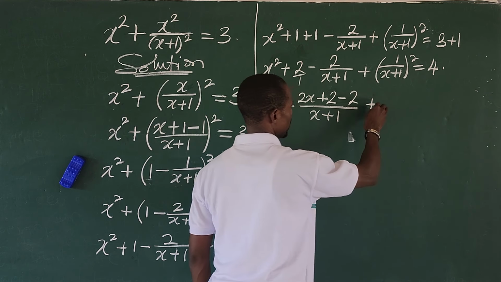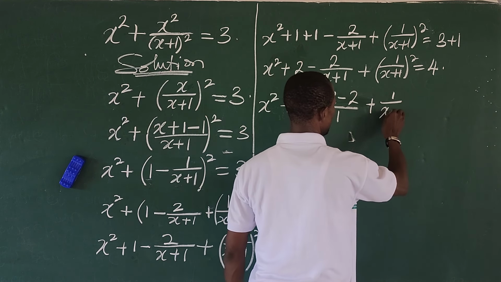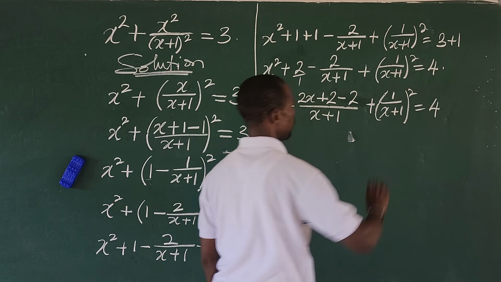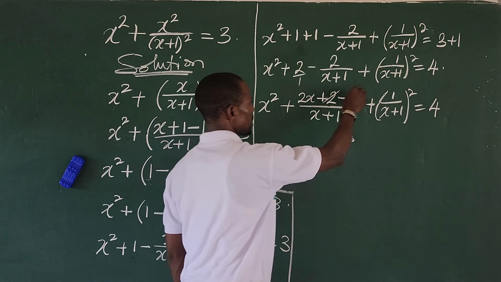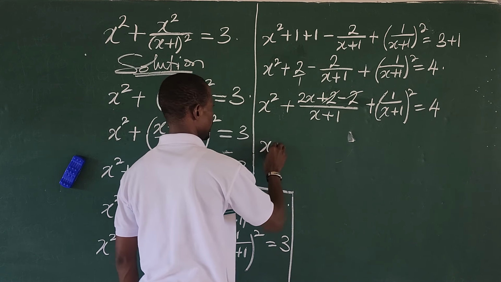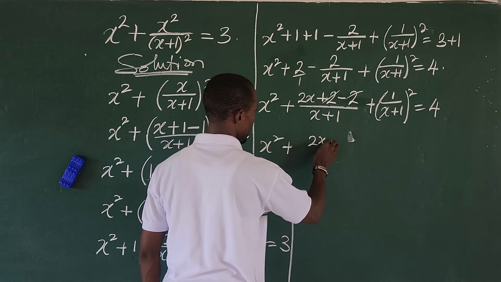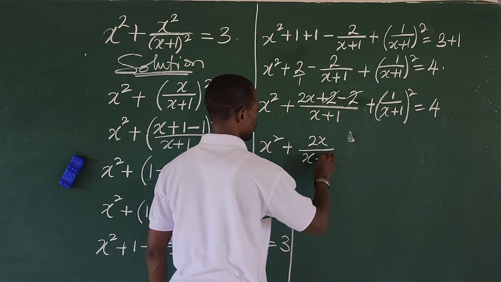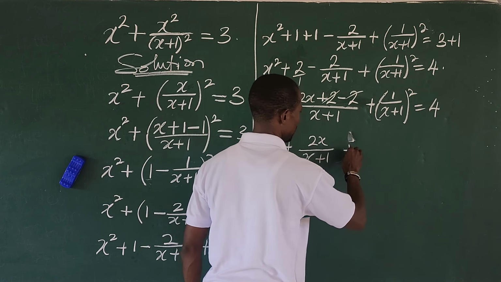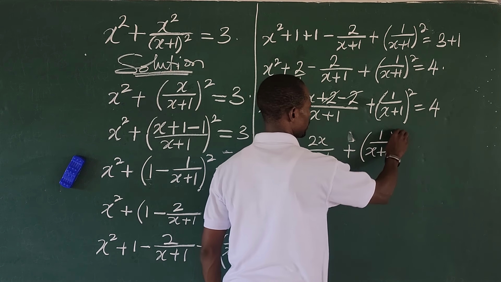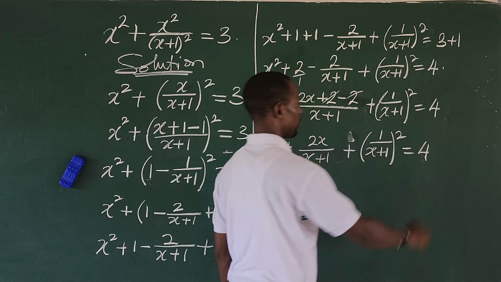Then plus 1 all over x plus 1 all to the power of 2. This is equal to 4. So this leaves the system. So we are now left with x to the power of 2, then plus 2x all over x plus 1, plus 1 all over x plus 1 all to the power of 2. This is equal to 4.